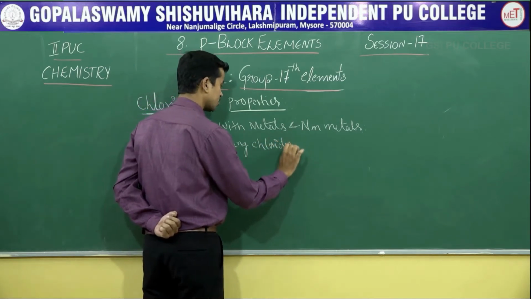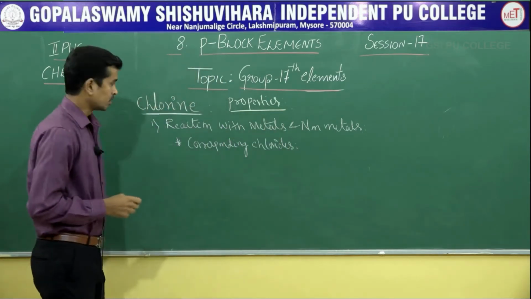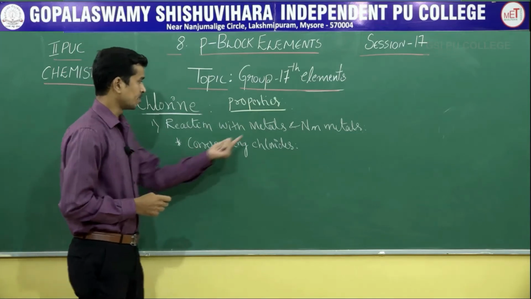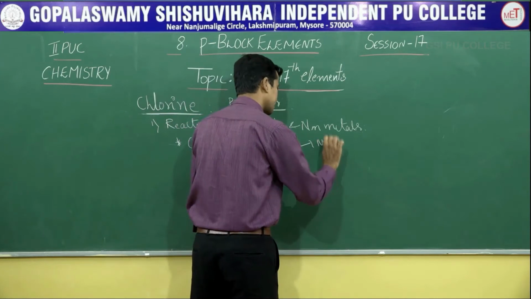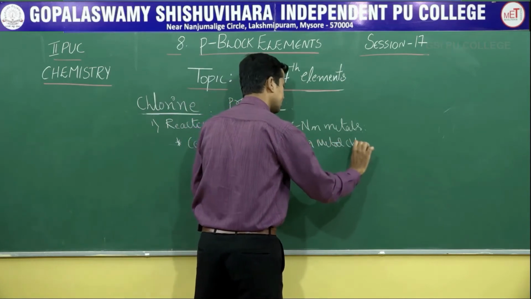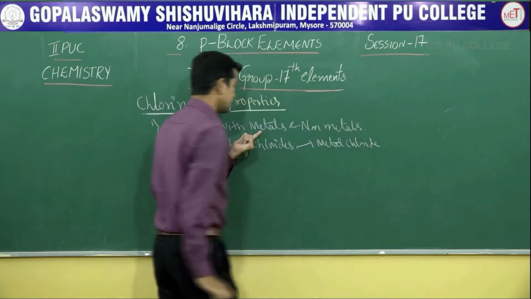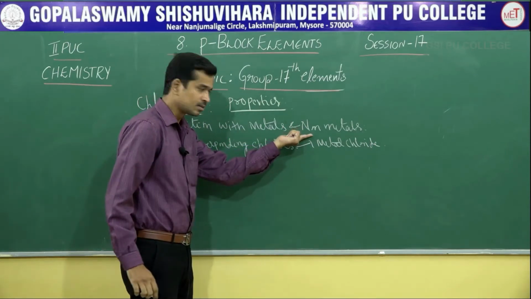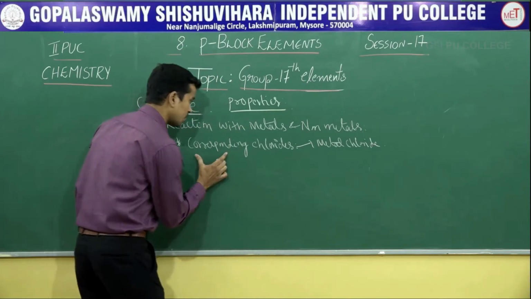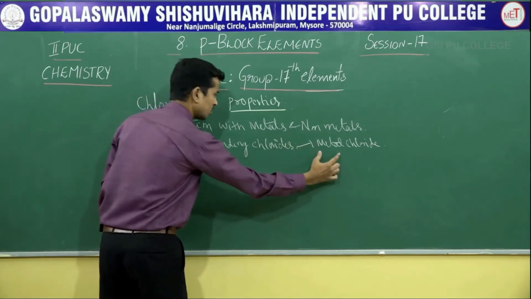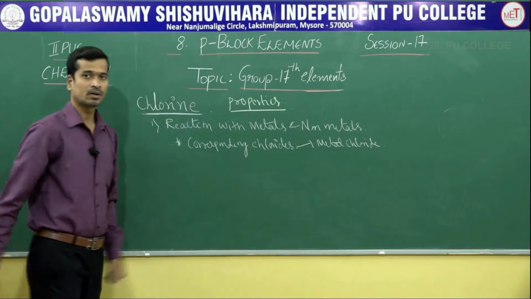Chlorine reacts with metals to give metal chlorides and reacts with non-metals to give non-metal chlorides. That is called corresponding chlorides, meaning metal chlorides and non-metal chlorides.